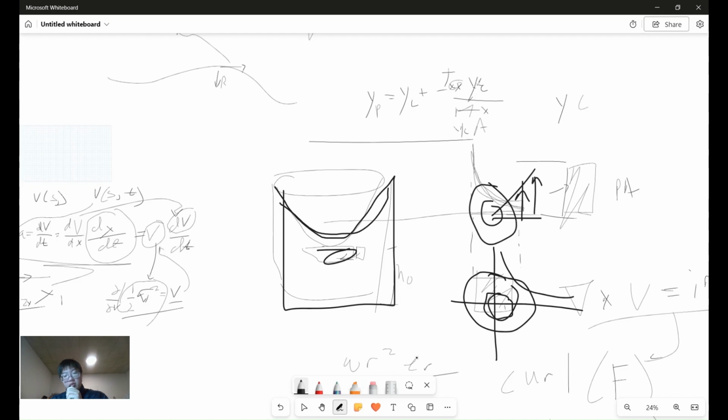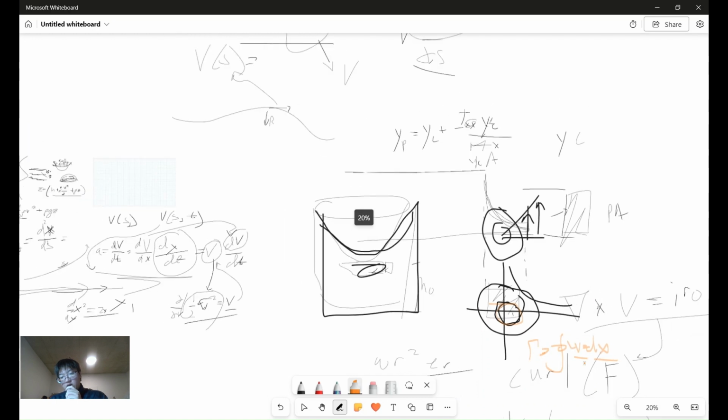If you make something in a circle like this, you have circulation, which is this. Now, for some reason, some textbooks have it as the integral of V dot dx, right? Is it dot? I don't remember. No, yes, it's dot. And then you can use what do they call it? Stokes' theorem, I believe. No, was it Stokes' theorem or no?